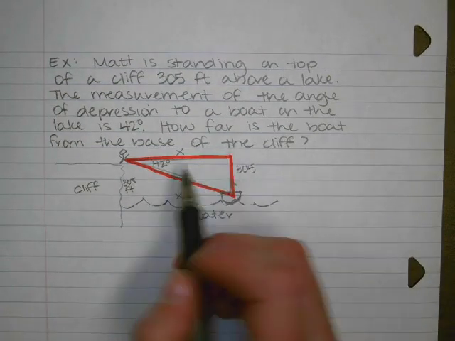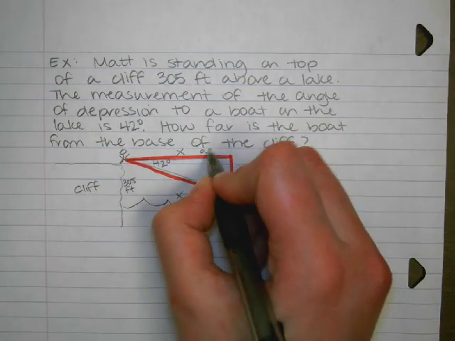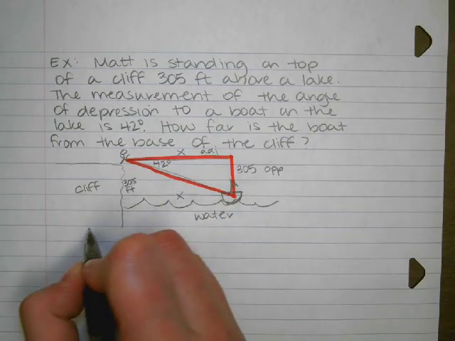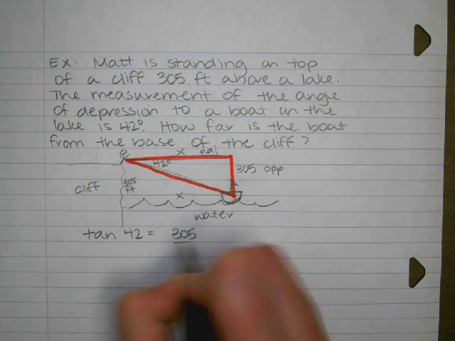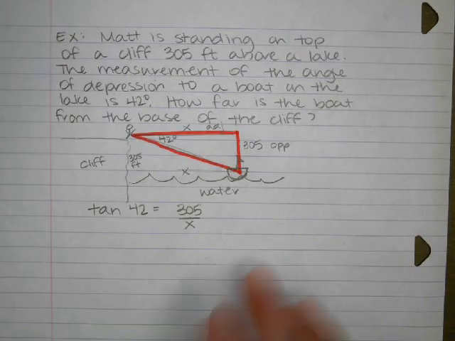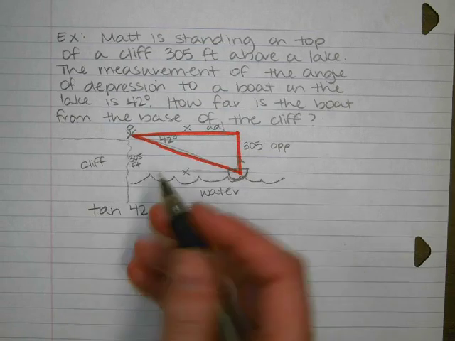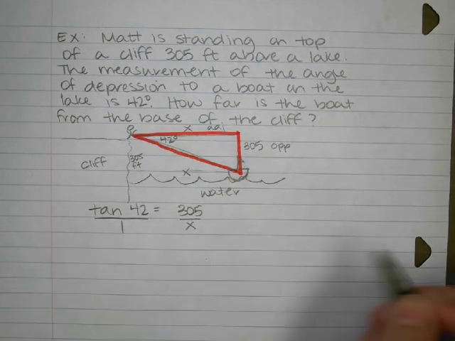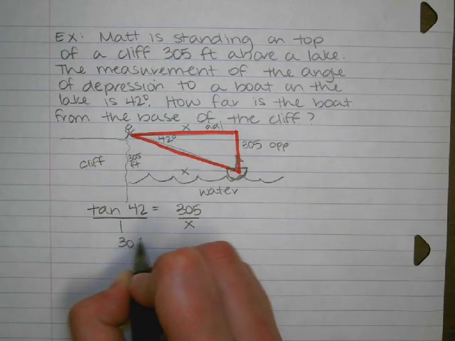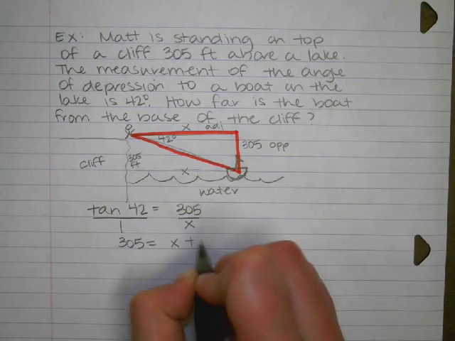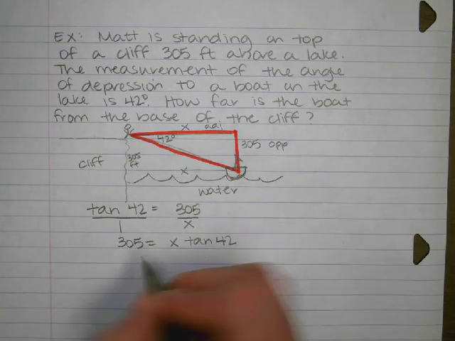So if we look at this, we have the 305 is the opposite side, X is the adjacent side, and so again we're using tan. So tan of 42 equals opposite over adjacent. And these problems are a little bit trickier to solve because the X is stuck on the bottom. So what I'm going to do is I'm going to put this over 1, and then I'm going to go ahead and cross multiply. So I've got 305 equals X times tan of 42, and then I'll divide the tan 42 over to the other side.